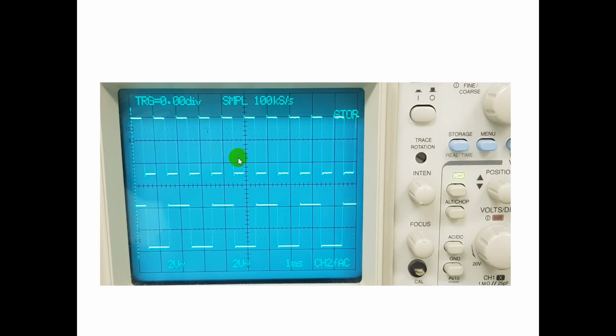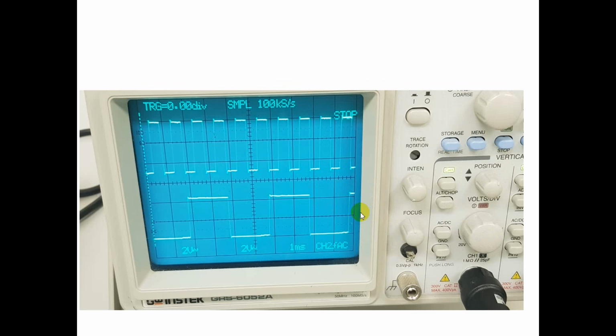But two cycles of the clock equal one cycle of the output. This is what we already calculated previously in the timing waveform. Next, if I go to the next one, you can see for the output of Q2, I need 4 cycles of my clock signal for one cycle, which you can verify here.